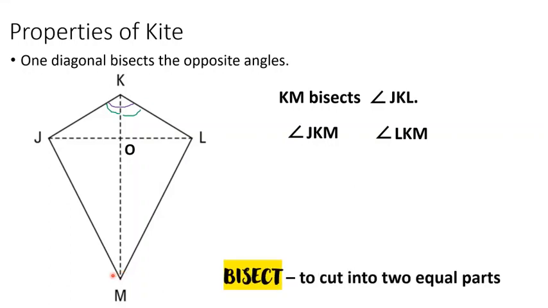So again, bisect means to cut into two equal parts. So they are congruent. So if angle JKM, for example, is 42 degrees, therefore angle LKM is also 42 degrees.